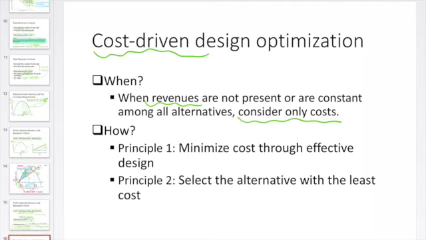That is the option we want to go with. Principle 2, select alternative with the least cost. Yeah, that's just what I said. So we want to minimize the cost. We want to select the one with the least cost. But it all depends on the fact that you already calculated the cost for each option.